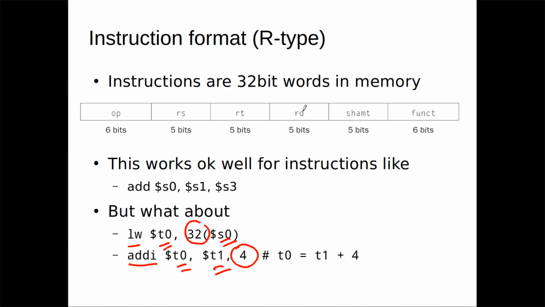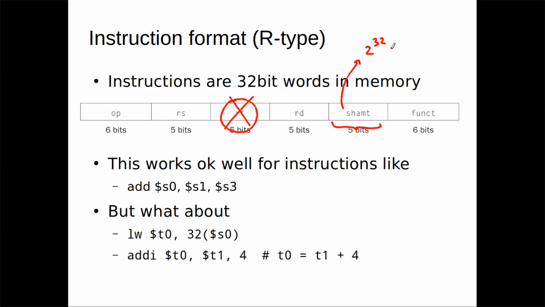So this one is typically not needed, and I'm really just wasting 5 bits here. You can say that maybe I can fit the immediate value here, but then your immediate constants will be limited to 2 to the power 5, which is 32, which doesn't give you a lot of constant space, right? So this is kind of annoying.